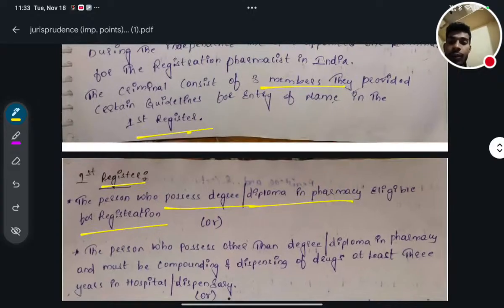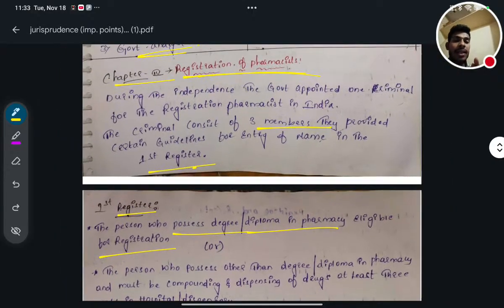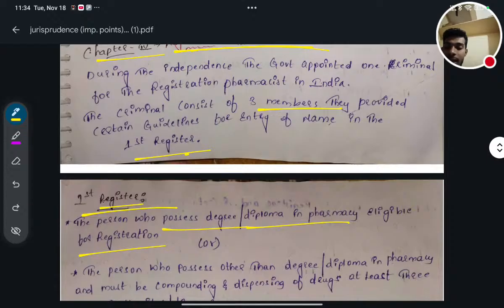So according to the government of India, during independence, who is the person who is eligible for the registration? The first one who is eligible is the person who possesses a degree or diploma in pharmacy.